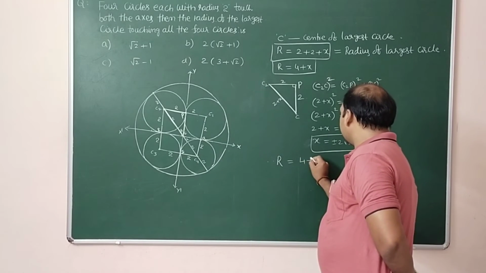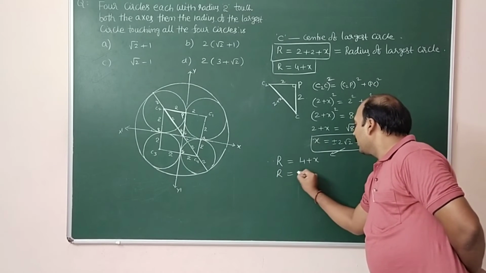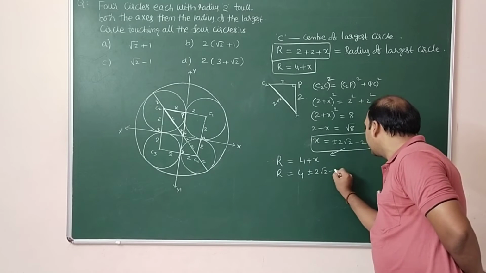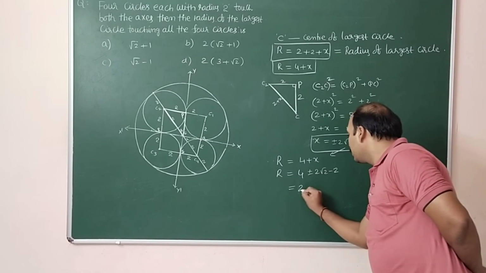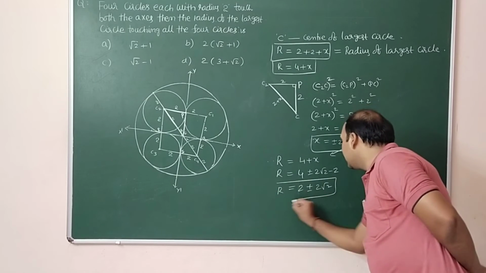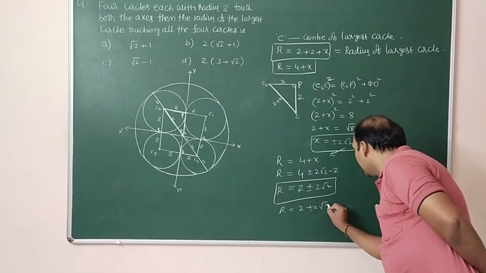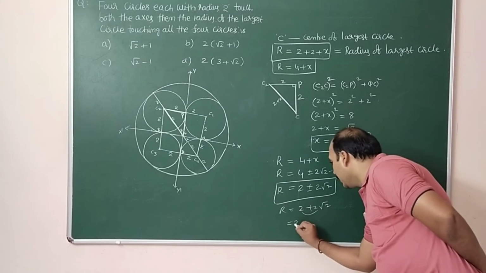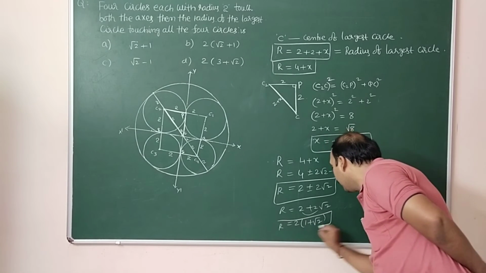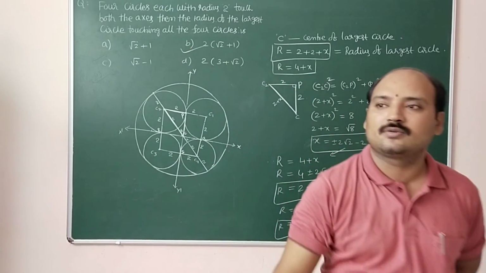So 4 plus x, so substitute the x value there. 4 plus or minus 2 root 2 minus 2. 4 minus 2 is 2. 2 plus or minus 2 root 2. The radius is always positive, so you can consider only plus: 2 plus 2 root 2. So you take common 2: 2 into 1 plus root 2 is the radius of the largest circle, which is there in the second option.